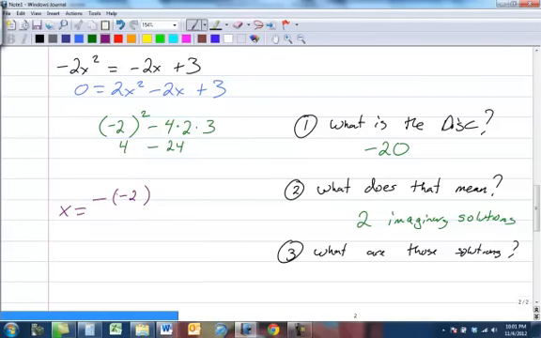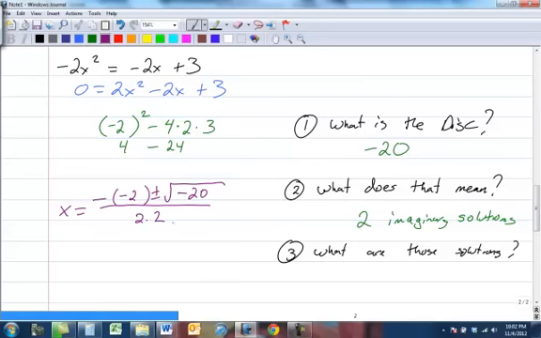But for right now, we're just going to plug it in. x is equal to the opposite of b, plus or minus the square root of b squared minus 4ac. Man, that sounds like a bummer to do. Hey, wait, we already know that. What's inside the square root is the discriminant. So there's a negative 20 up inside there, all over 2 times a, which is 2.